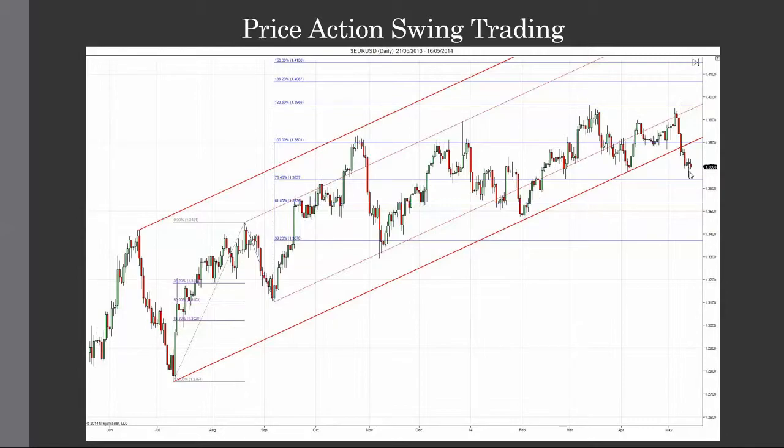Now, the reason this has happened is because the ECB have started talking quite firmly about cutting rates and adding extra stimulus. So this is a fundamental reason that this has happened. However, nevertheless, I wouldn't be entirely surprised if we saw a retracement back up to this sort of level before we saw a continuation of downside and a new trend, if we're going to see a new trend at all.